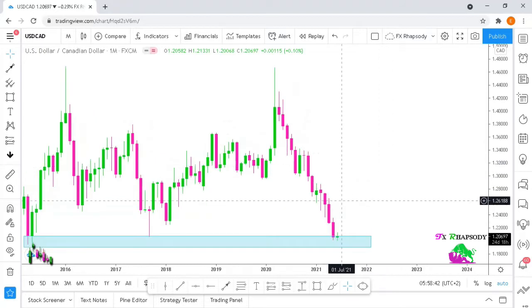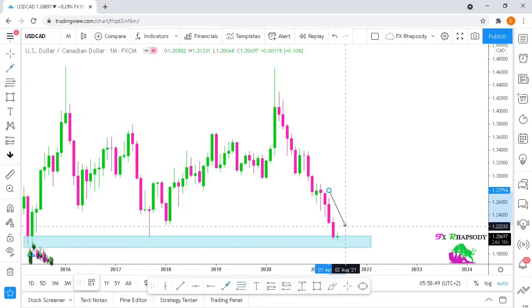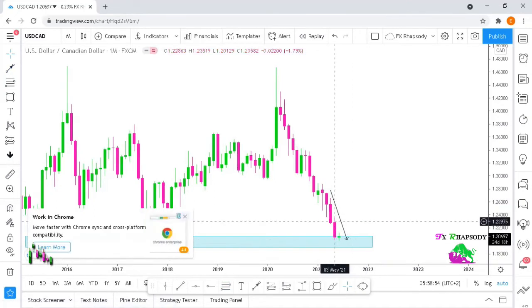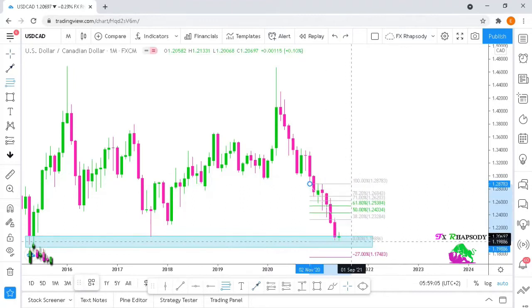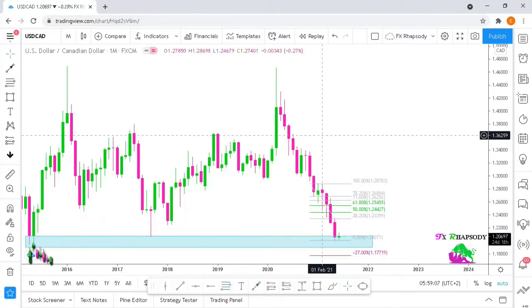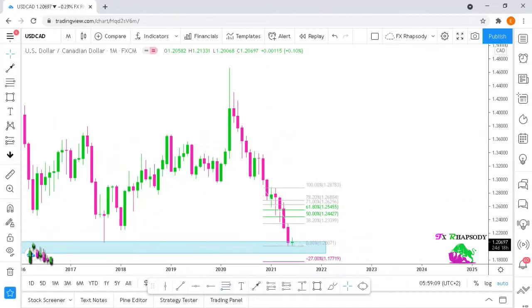So what we want to do is, because of this huge movement to the downside, we want to see where price is going to pull back to or retrace to. So to do that, we take out our Fibonacci from the high to the low in this instance, because price is moving down, and we can see that this is always the golden area, guys, that area there.